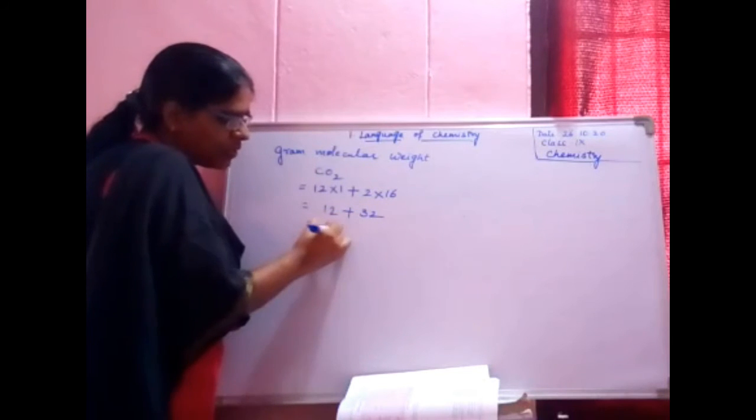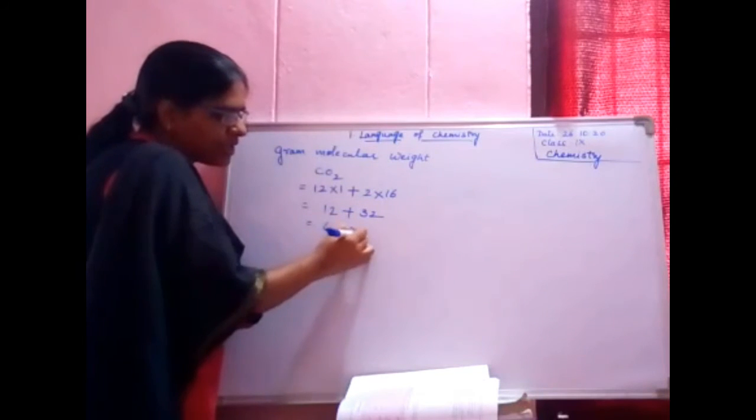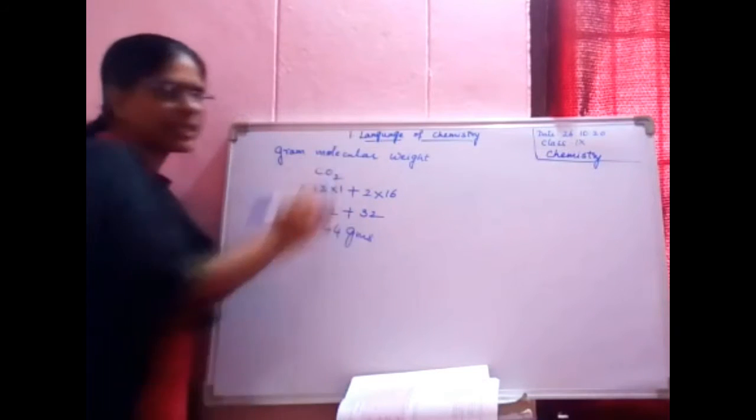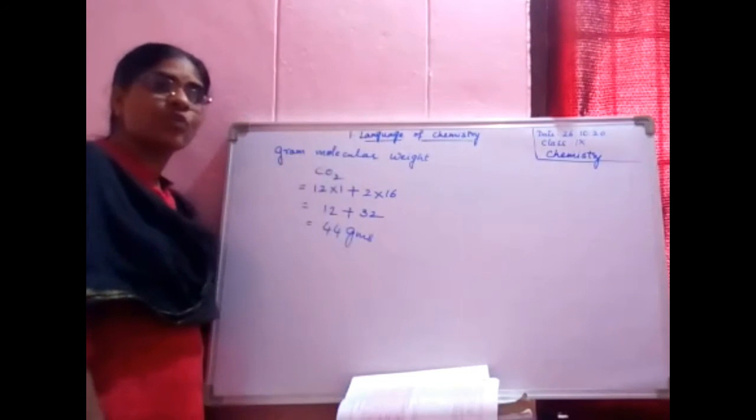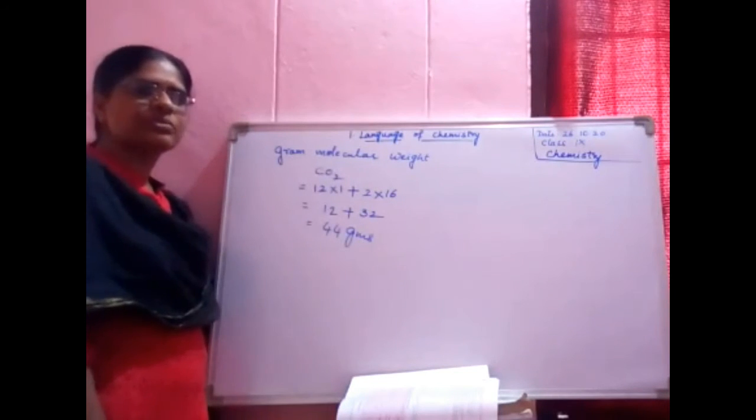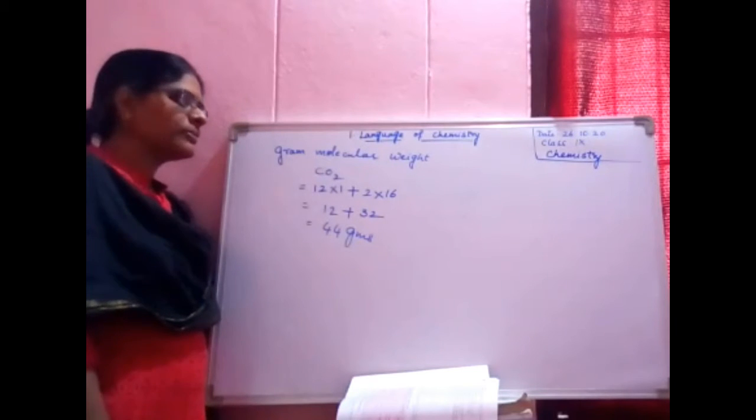How much? 44 grams. This is the molecular weight of CO2. Okay?